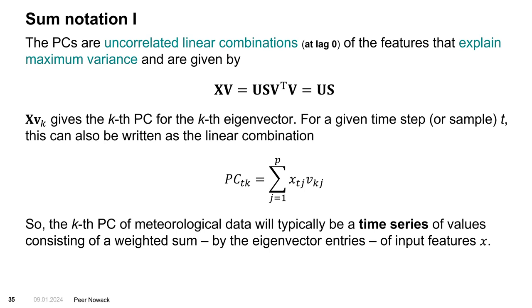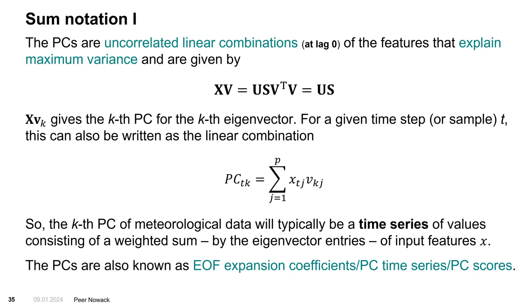And again, typically in this field you will look at time series, which means that I changed the sample index here to t. Now, when you look into the meteorological literature or the Wilks book, you will see that the PCs, the principal components in the classic way, are often also referred to as EOF expansion coefficients, whereas the eigenvectors and their spatial distribution are typically referred to as the EOFs themselves.